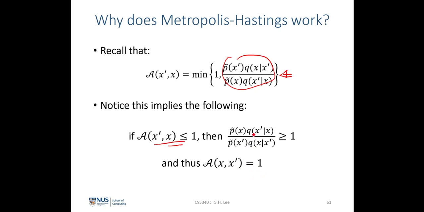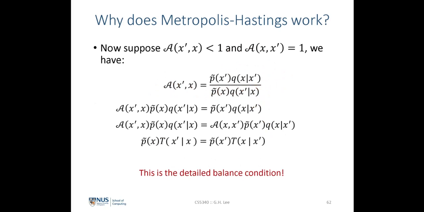This means that we invert this, which is more than 1, and rewrite this as a of x and x prime, which is equal to the min of 1 and the inverse of this condition, which is equivalent to this term. Since it is more than 1, we choose 1 here.